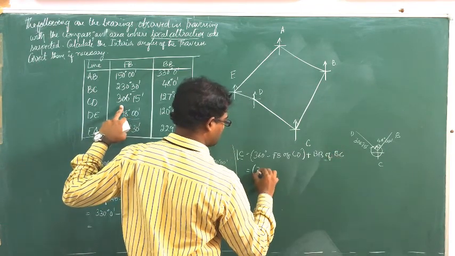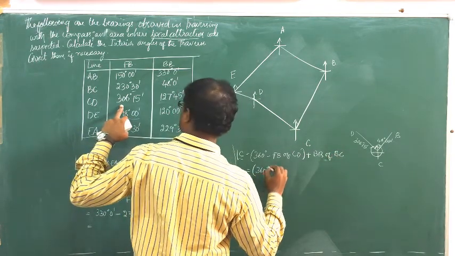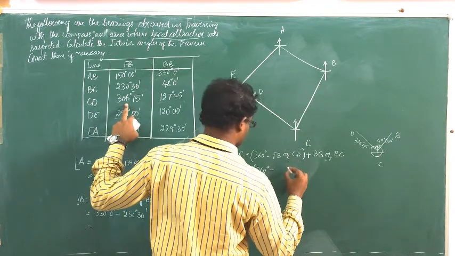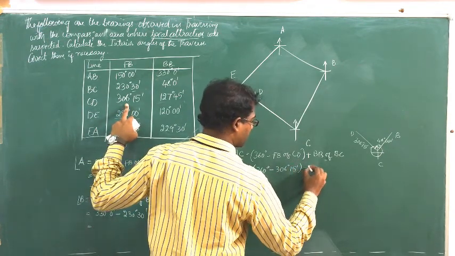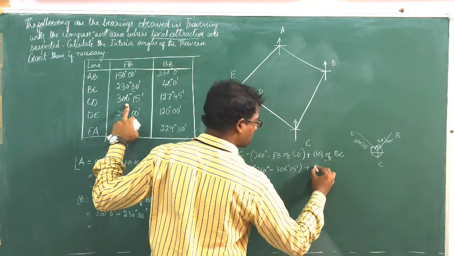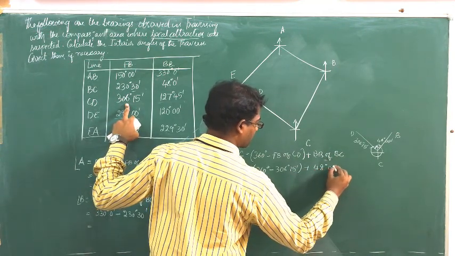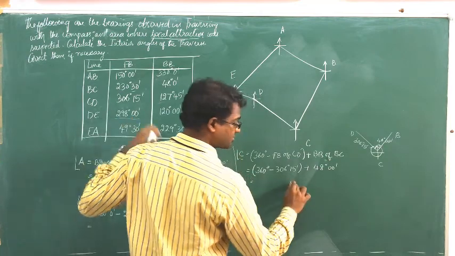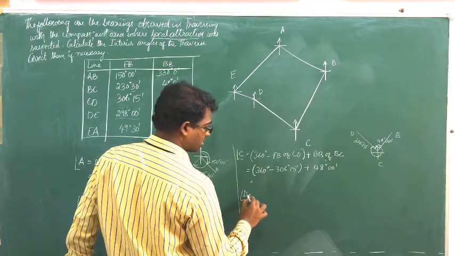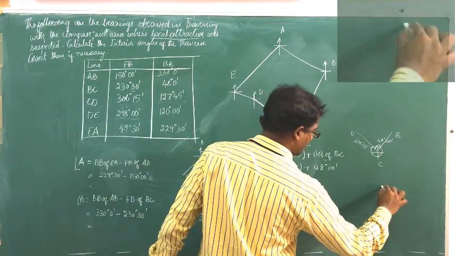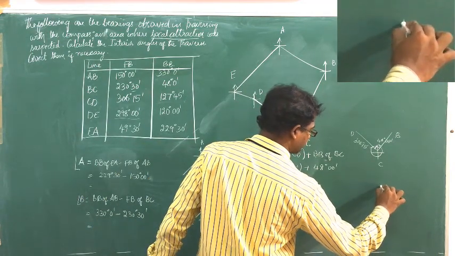So 360 degrees minus forebearing of CD, which is 306 degrees 15 minutes, plus back bearing of BC, which is 48 degrees. Calculate this value to get angle C.